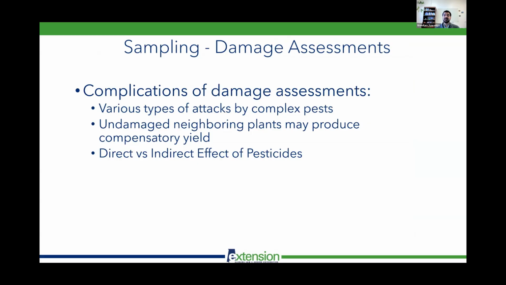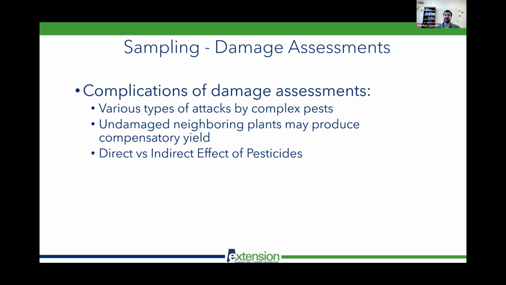That's something to consider. We also might have some crops that are damaged and neighboring plants that aren't affected that might produce higher yields. And so the undamaged plants, if they produce compensatory yields, how do you account for that with regards to the damage that occurred to the one pest? So that's something to keep in mind.